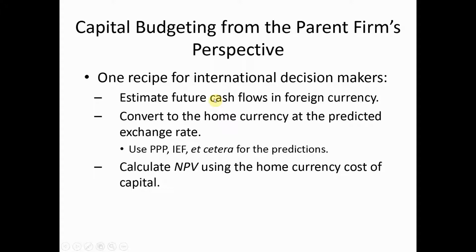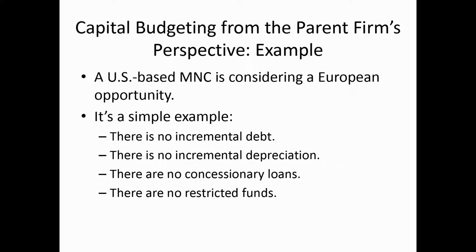We estimate the future cash flows in foreign currencies, and then we convert to home currency at the predicted exchange rate. In particular, we use purchasing power parity theory and the international Fisher theory for the predictions. Then we calculate NPV based on the dollar figures, which are converted from the foreign currency.